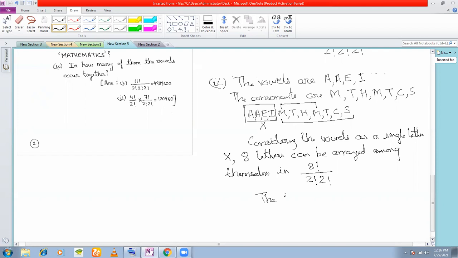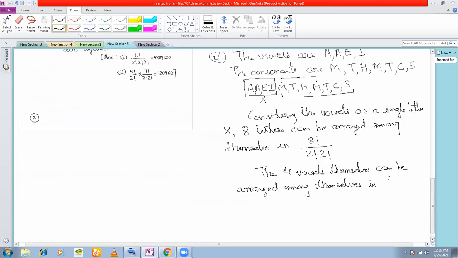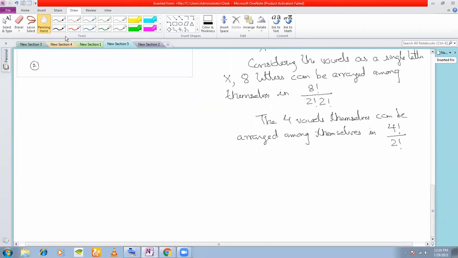The four vowels themselves can be arranged among themselves in how many ways? 4 vowels. So factorial 4, and A is repeated, so divide by 2.